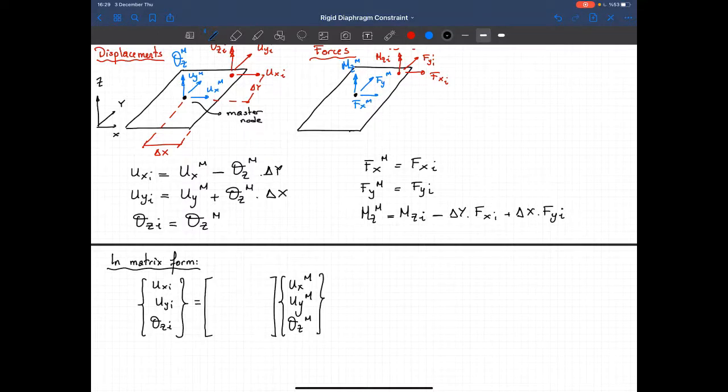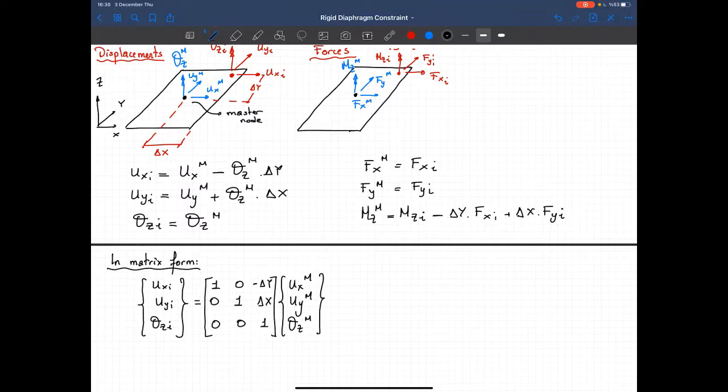And in the transformation matrix, I got 1 here, 0, minus delta y. That's my first constraint equation. 0, 1, delta x, and 0, 0, 1.